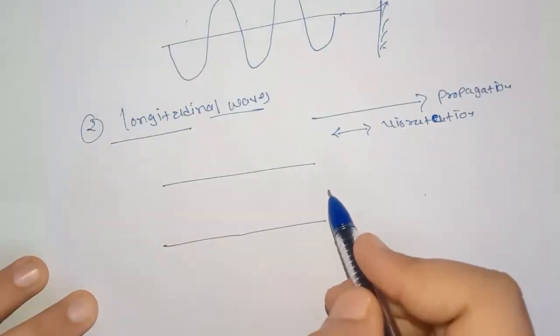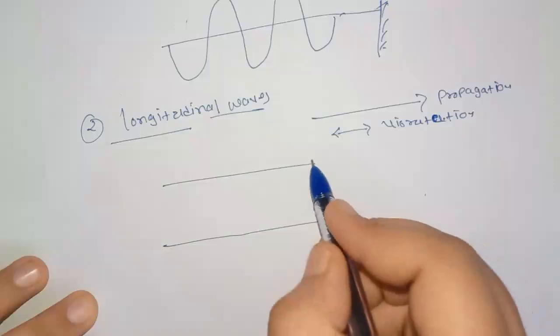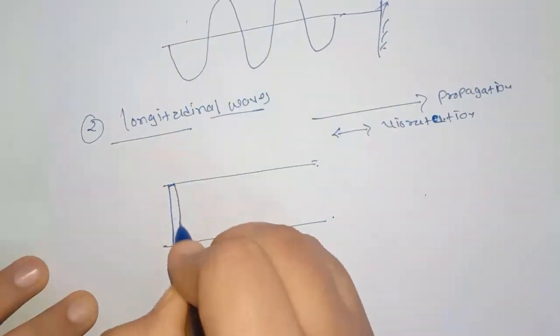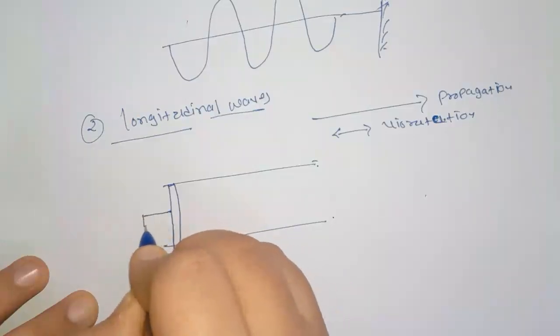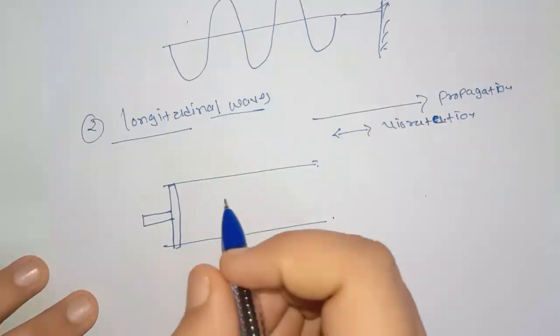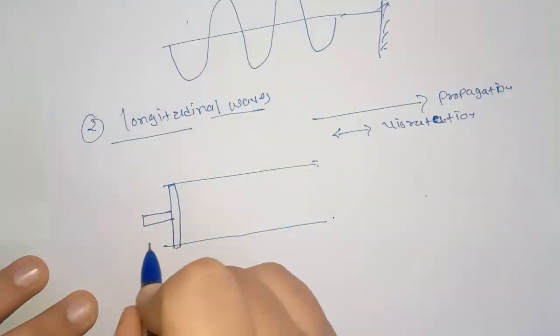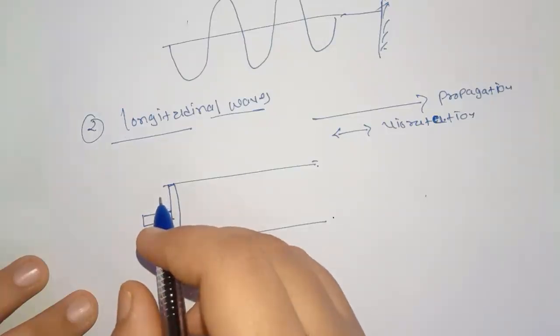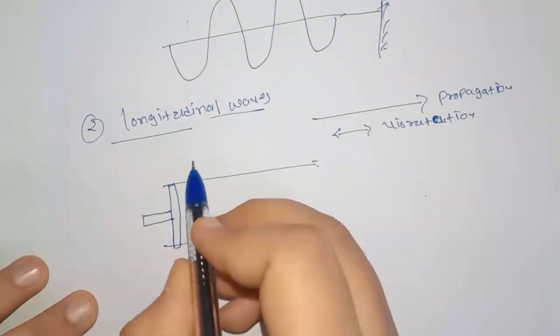Consider a long air-filled pipe with a piston at one end. Now, if we suddenly move the piston right and then left, then we can generate a pulse of compression and rarefaction.